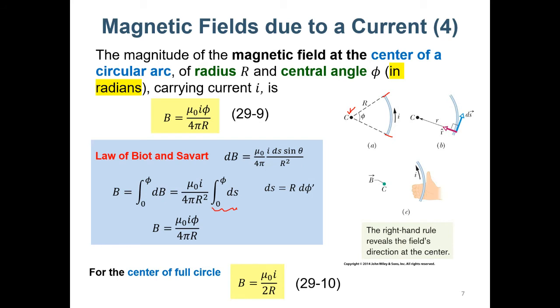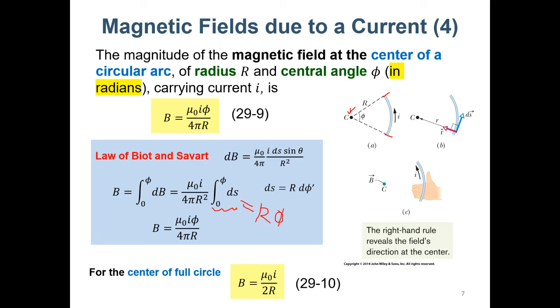So one of the R cancels, and then we have phi here.